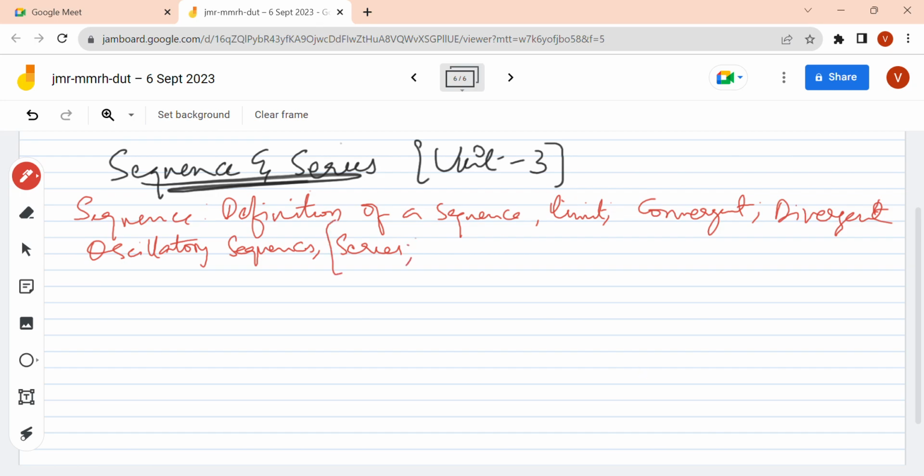In series, this is from series: convergent, divergent, oscillatory series. The same thing will be repeating from here. Convergent, divergent, oscillatory series.